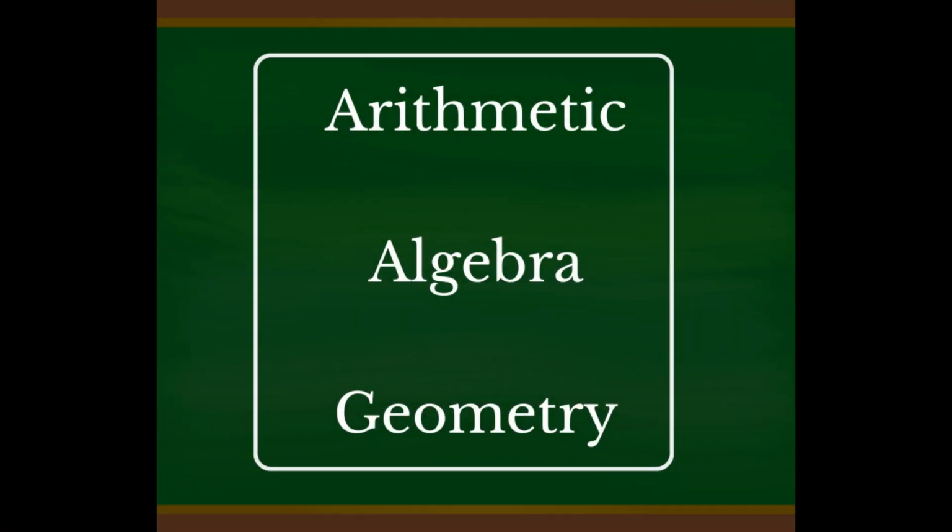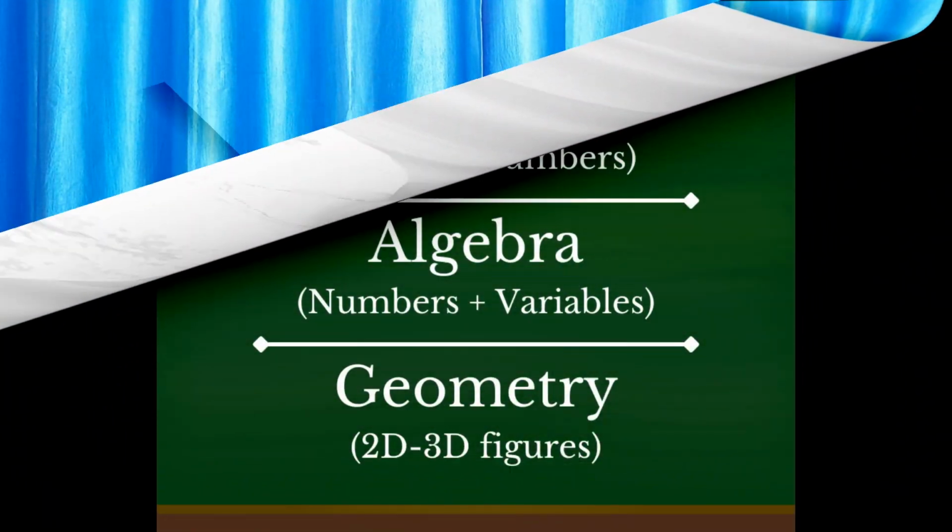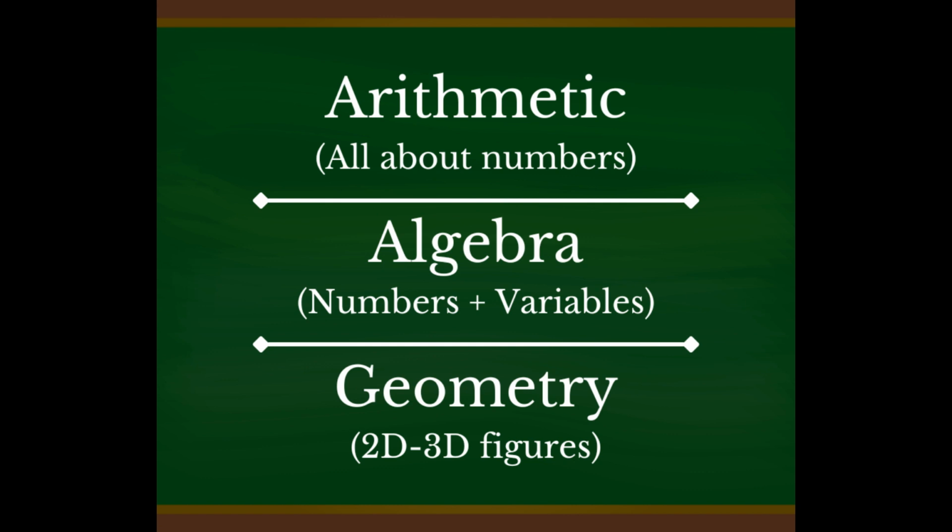Now about the maths part, the mathematics subject. When we talk about the mathematics subject, there is arithmetic, algebra, geometry. Basically, it is divided into 3 parts. Then what do we have to study in this arithmetic, algebra and geometry? When we come to the arithmetic part, it's all about the numerical part.